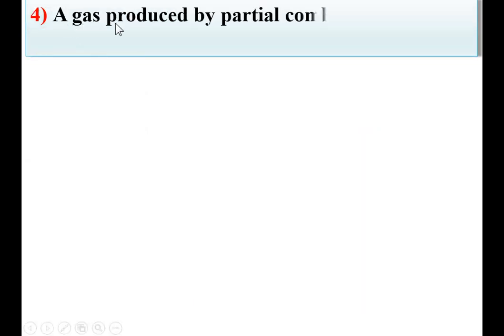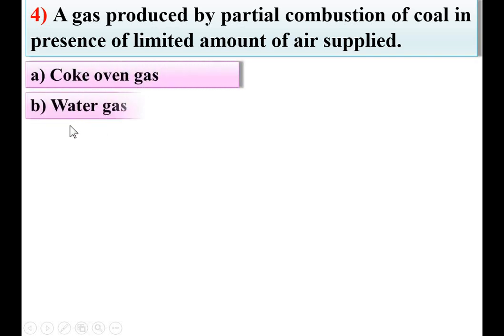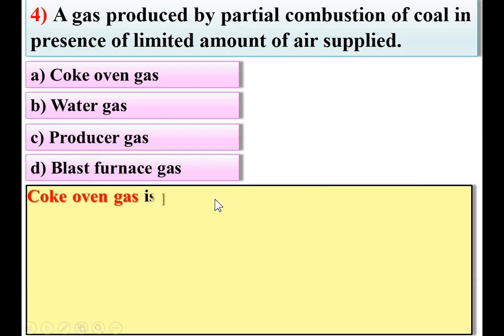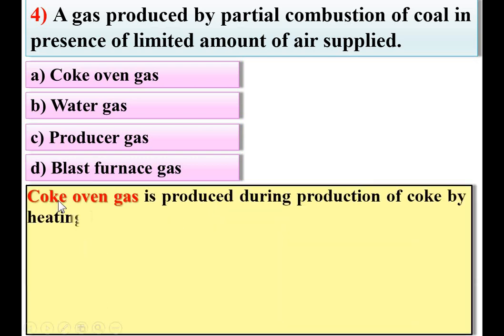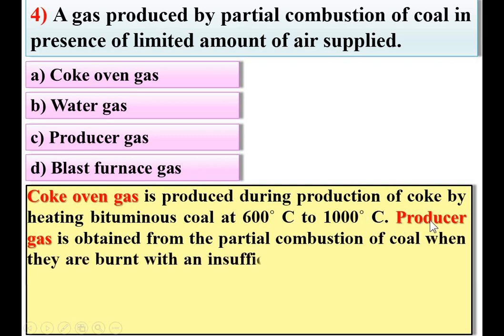Next, a gas produced by partial combustion of coal in the presence of a limited amount of air supplied. Options: coke oven gas, water gas, producer gas, blast furnace gas. Consider a very important note: coke oven gas is produced during production of coke by heating bituminous coal at 600 degrees Celsius to 1000 degrees Celsius.